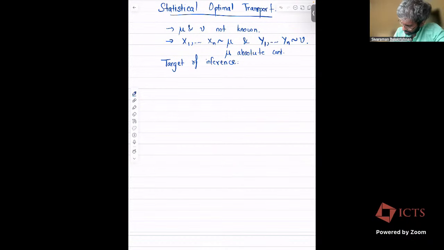Then it makes sense, as we've seen, to ask, can you estimate the optimal transport map? So what does that mean? I want to take in these samples, x1 through xn and y1 through yn, and construct some estimate t hat that is hopefully close in some sense to t0. And the questions that we might care about are, how many samples do I need to do this reliably?